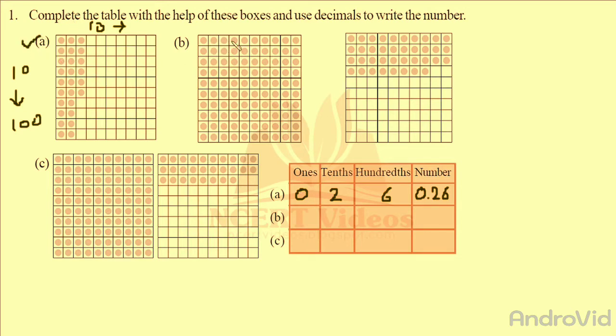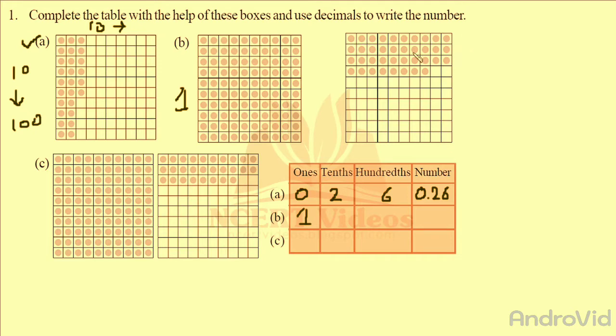B part, in first we have all darkened, all encircled. So we have 1 ones. So we'll write 1 in place of ones. Similarly, writing in the box.